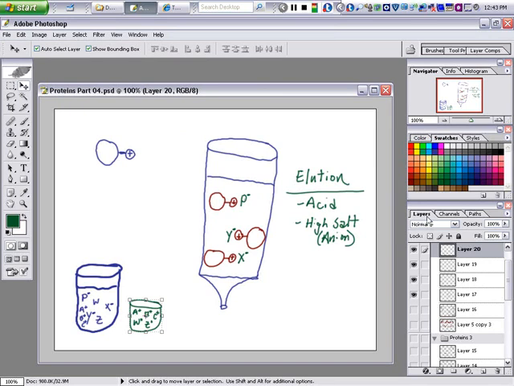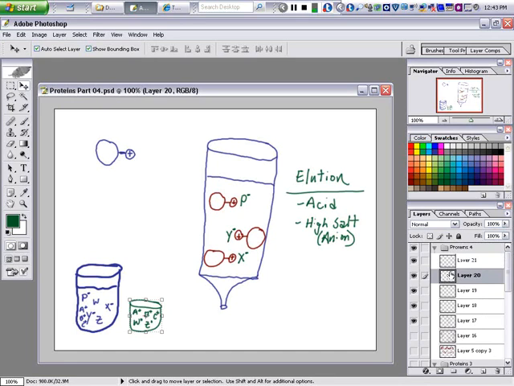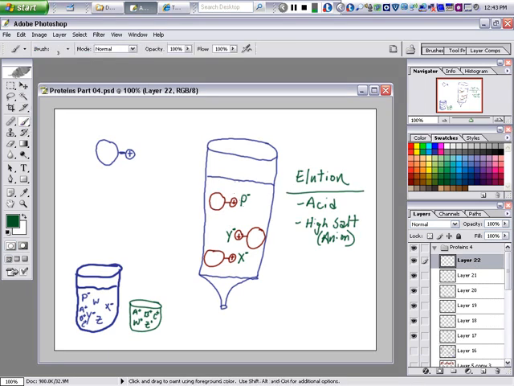And then when you do that, for example, let's say here we add a salt, NaCl. We won't worry about the Na right now, but the Cl, that's what we really care about.